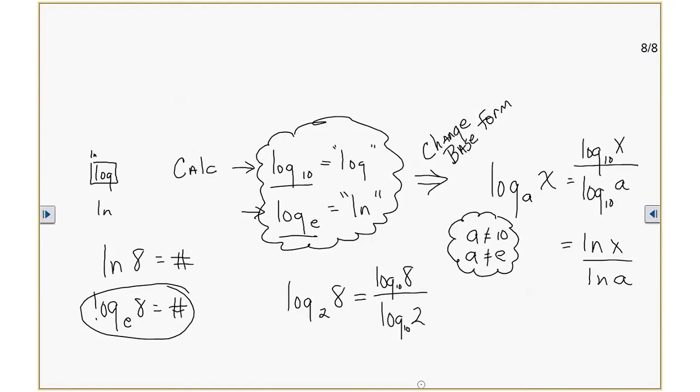Because with LOG, if nothing is at its base, it's assumed to be a 10. The 10 is kind of like the square root symbol on a square root. You don't have a 2 there, you just have the square root symbol. It's kind of like 1 in front of x. You don't see the 1, but it's there. So if you put log of 8 over log of 2, that's fine. But just remember, it's log base 10. That's the change base formula.